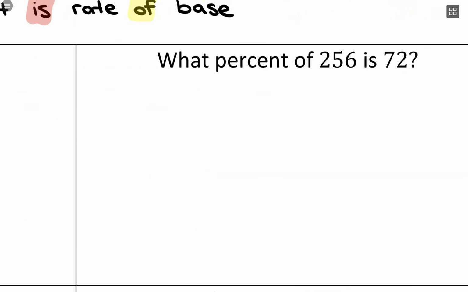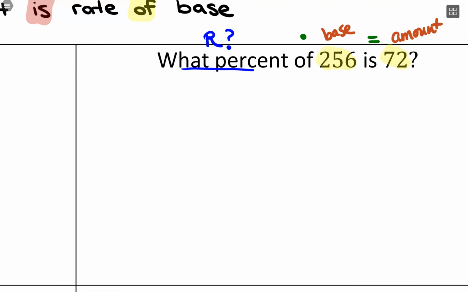All right, so what percent? So this is unknown r again. And then we have of 256. So the piece that's going to be multiplying with the rate is the base. And then we have is, and then our other value is 72, which is alone on one side of the equation, so that'll be the amount.